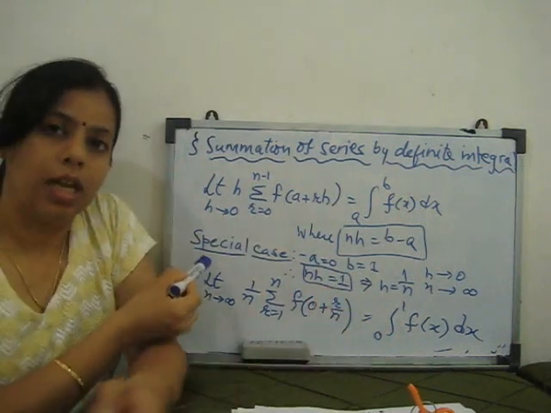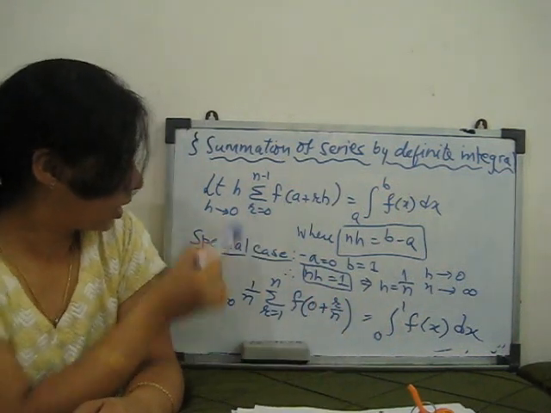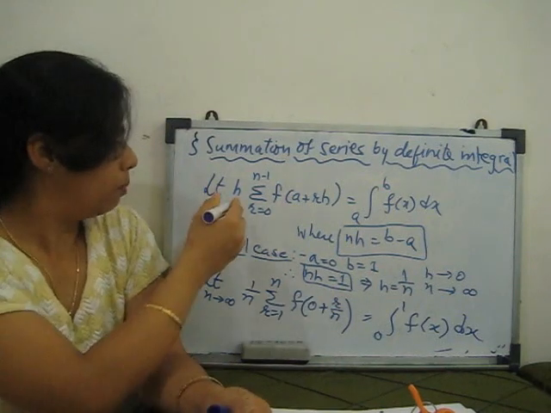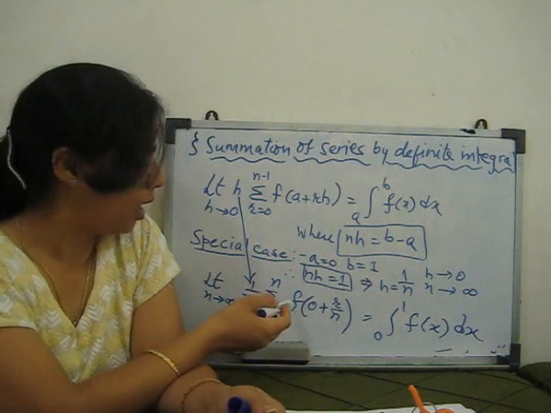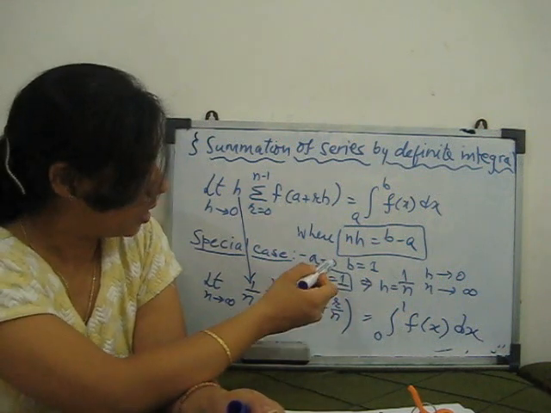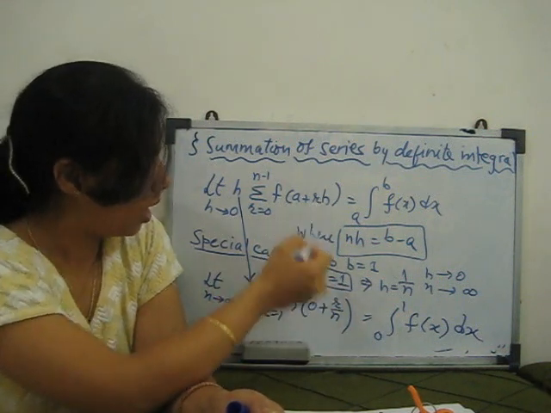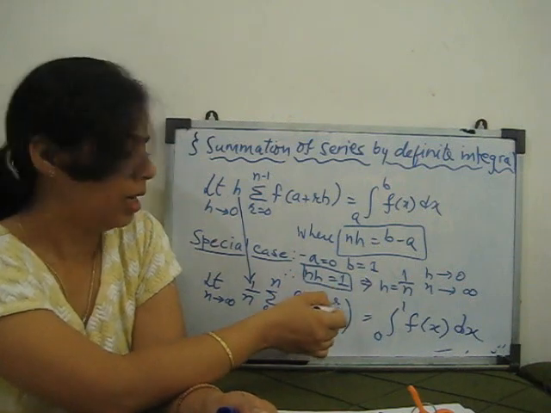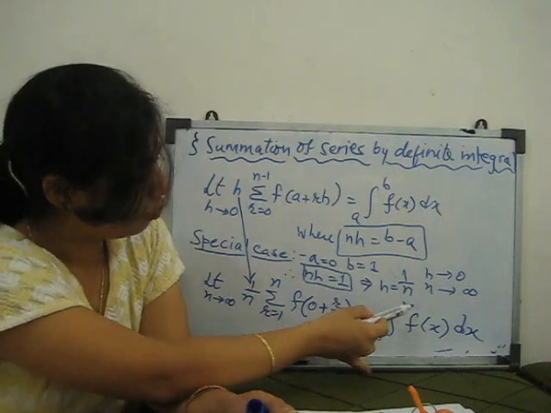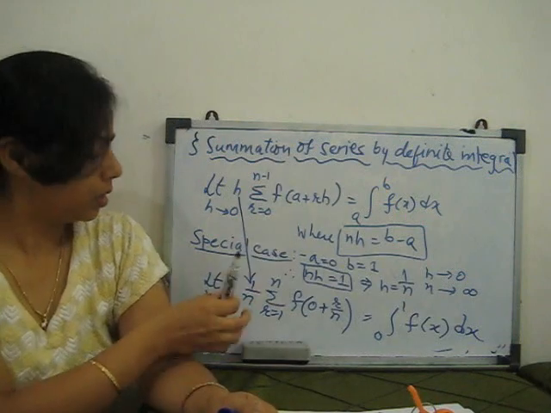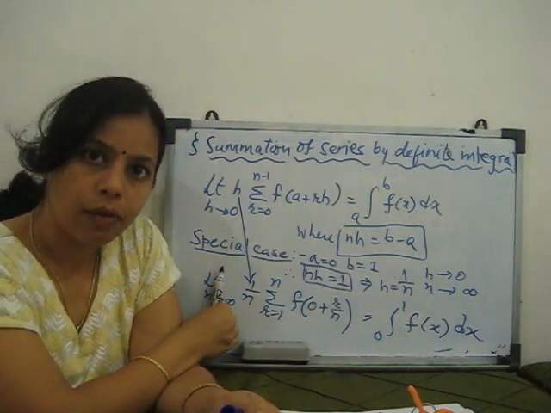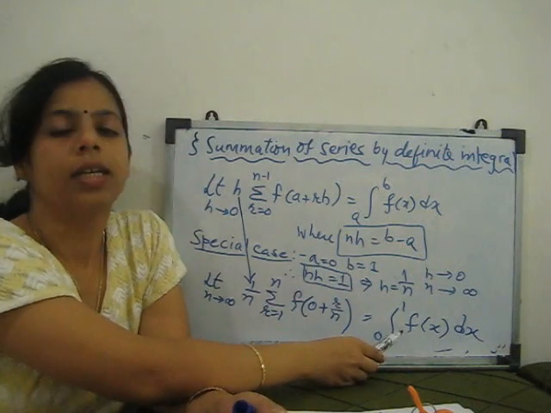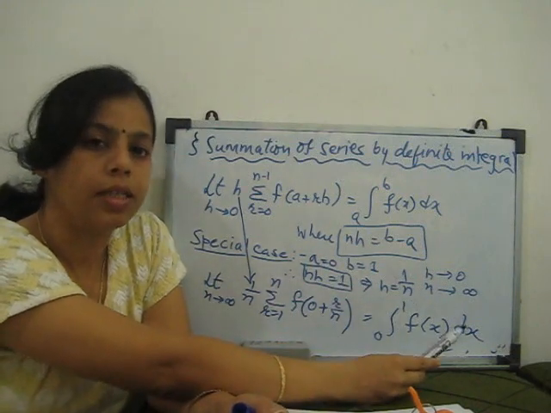So this is limit n tends to infinity, in place of h we replace 1 by n, summation r going from 1 to n, f of (a is 0, plus r times h is 1 by n), is equal to integral 0 to 1 f(x) dx. It means if we have any series in this format, then our integral is 0 to 1 f(x) dx.